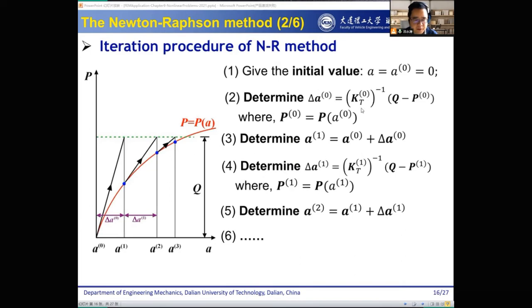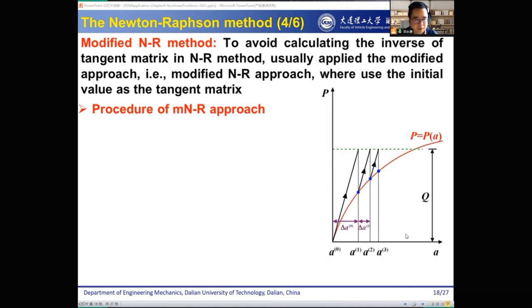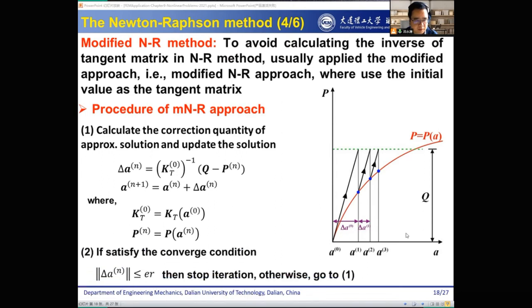Again, for the Newton-Raphson method, we have to calculate the inverse every time, and this is very expensive for the computer coding. Therefore, we have the modified Newton-Raphson method, which avoids calculating the inverse of the tangent matrix.